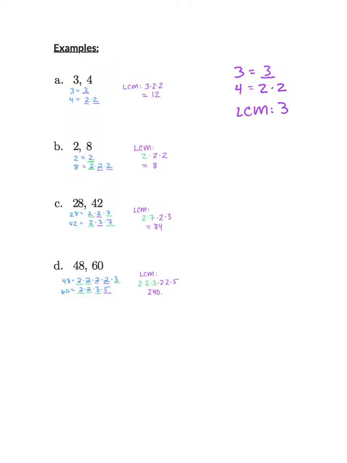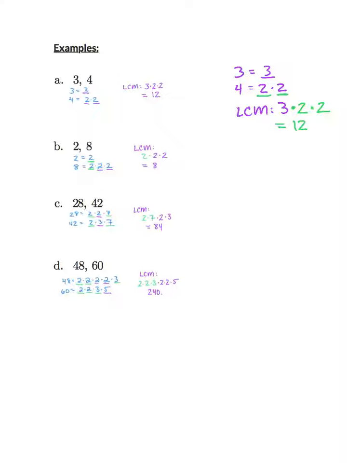From there, I want to look at my other number and determine if each factor is already represented in the least common multiple. So for instance here, is 2 in the least common multiple yet? No. So we're going to add it. Is there a second 2 in the least common multiple? No. We want to add that one as well. Now if we go ahead and multiply, we get 3 times 2 is 6, times 2 is 12.